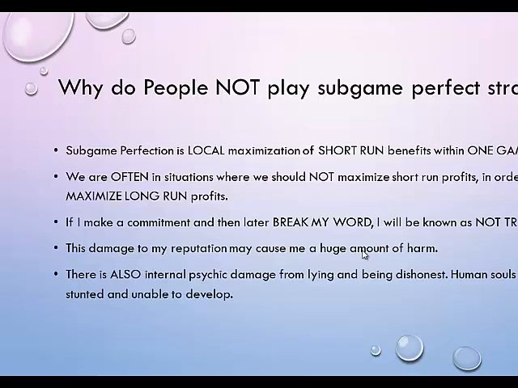So, why do people not play subgame perfect strategies? Because subgame perfection is local maximization of short-run benefits within one game. And we are often in situations where we are playing many games and we should not maximize short-run profits in order to maximize long-run profits. Even with the MAO of 75%, if somebody is really a Pathan and he says that, okay, we are going to play this game many, many times, and this is what I'm going to do, the other person might learn that, well, he's not going to change.